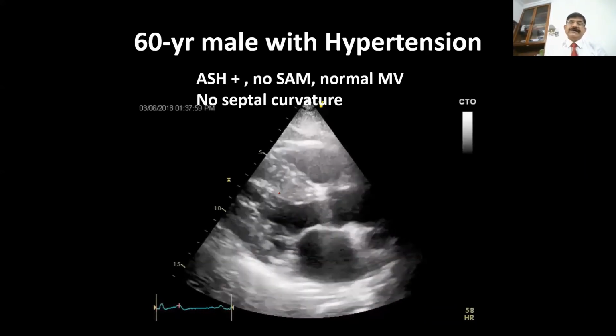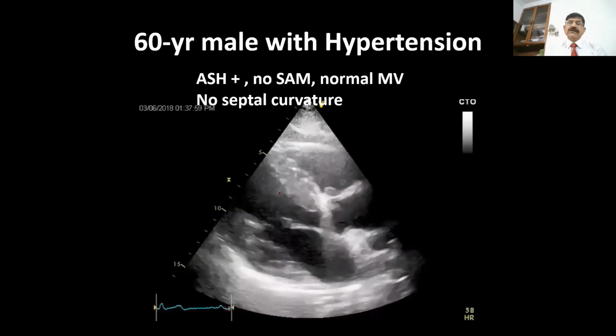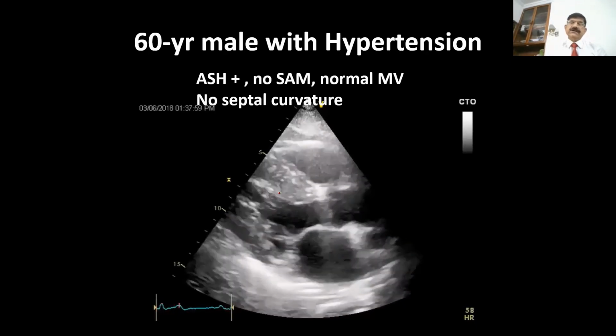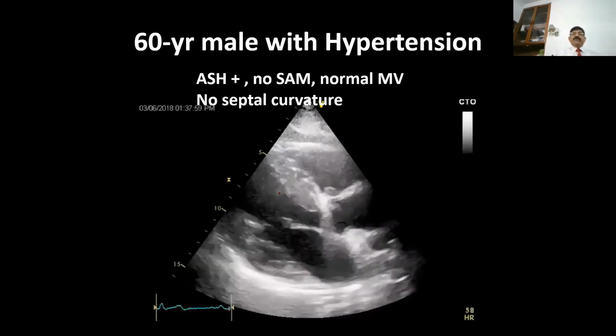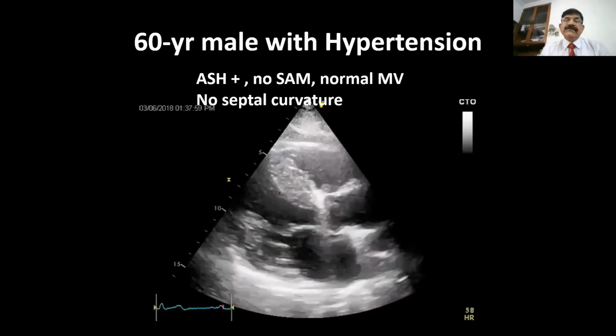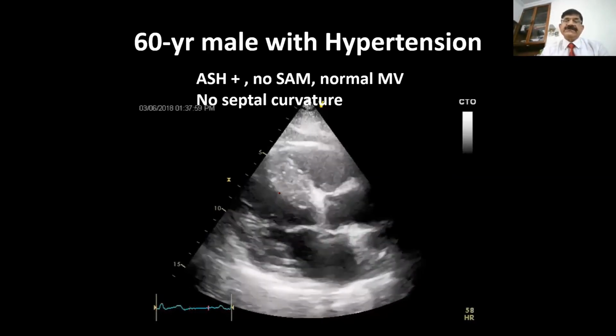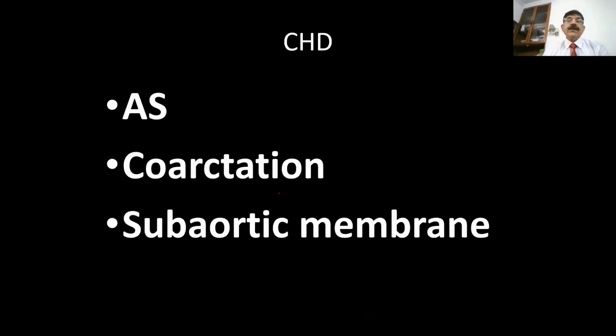Classically, the wall thickness rarely exceeds 16, 17 millimeter, although there are exceptions. Typically, if you want to differentiate it from hypertrophic cardiomyopathy, left ventricle hypertrophy in hypertension never exceeds 25 millimeter. The other reasons for that kind of hypertension can be aortic stenosis, coarctation, subaortic membrane, and so on and so forth.